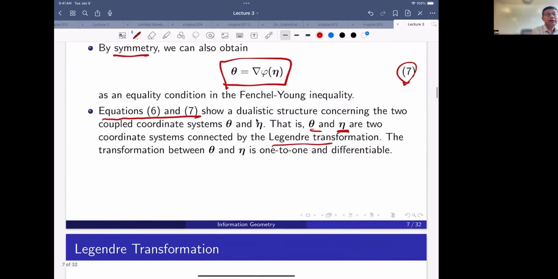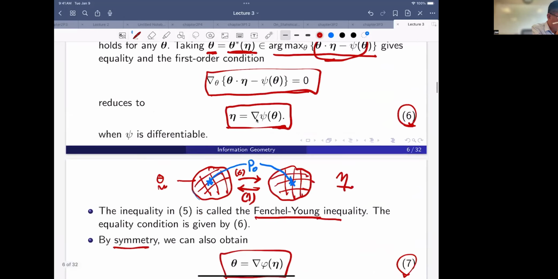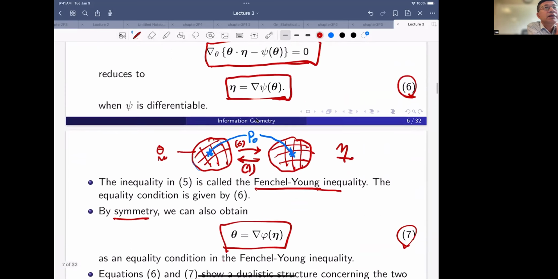And equations 6 and 7 will only hold at the optimum value theta star, right? They will only hold when theta is equal to theta star.